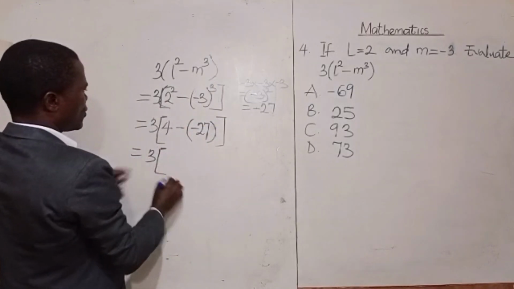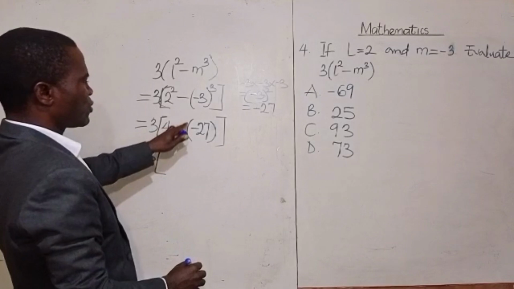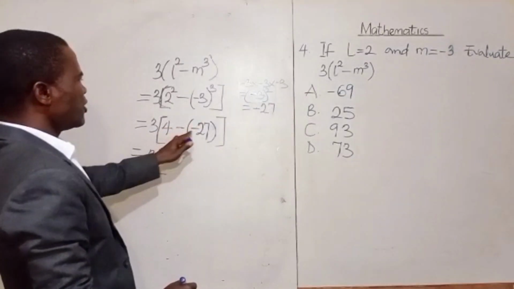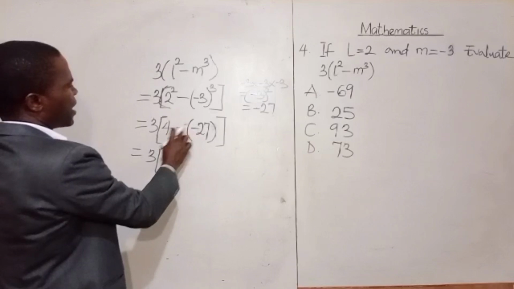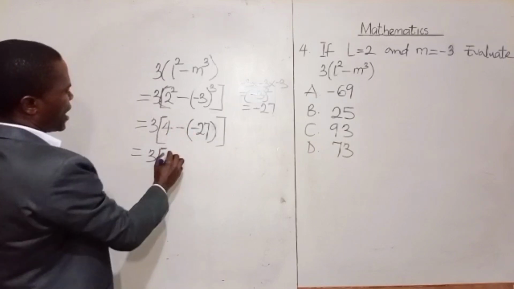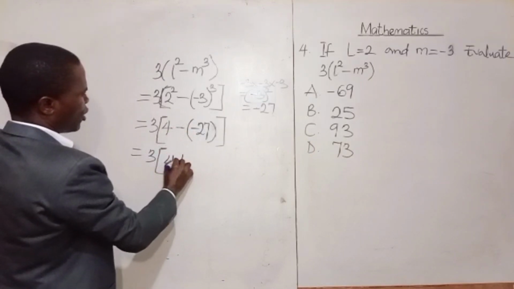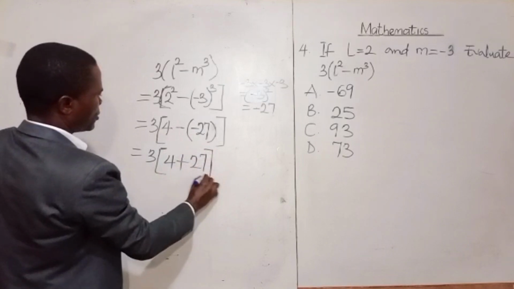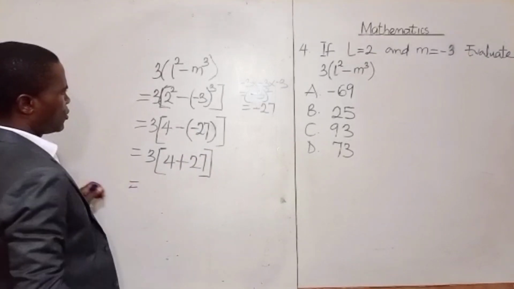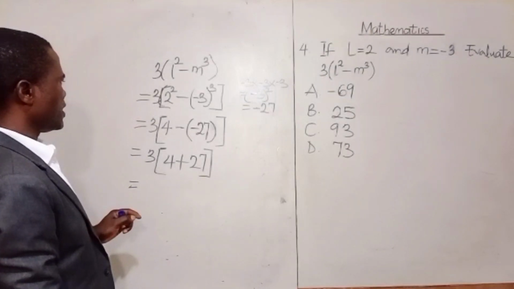So we have 4 minus bracket minus 27. Minus times minus gives us plus, and then we have 4 plus 27.